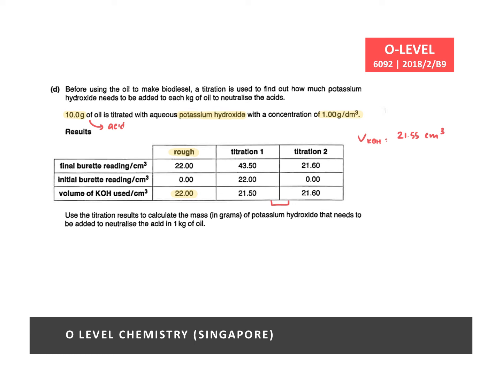Now from there, this is a bit different from our usual 3C approach where we convert to moles. If you look at the question, they want you to calculate the mass of potassium hydroxide needed to neutralize the acid in 1 kilogram of oil. Okay, so firstly, they want to find the mass of potassium hydroxide.